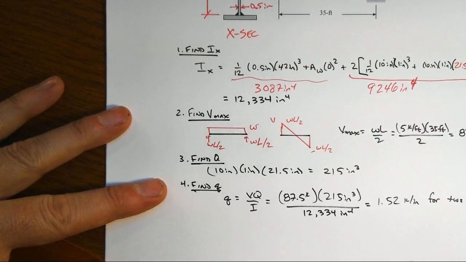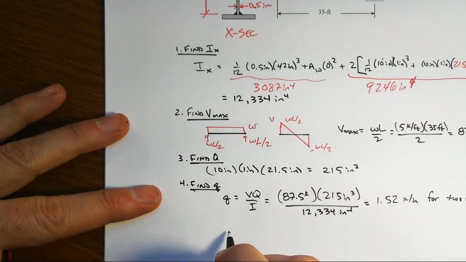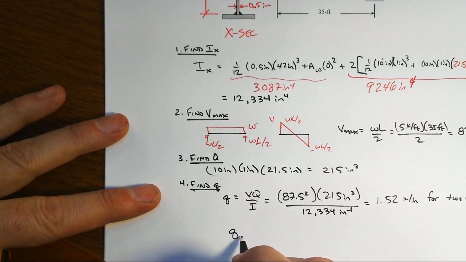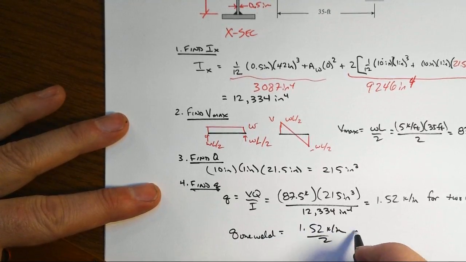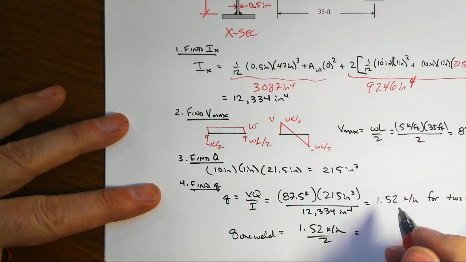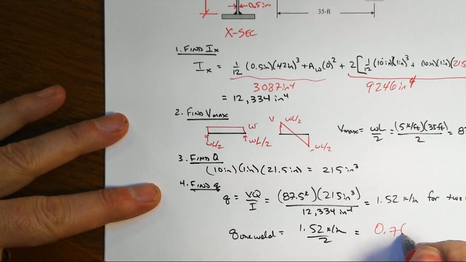We were asked to find it for 1, so we'll just take half of that. And our answer then is 0.76 kips per inch.